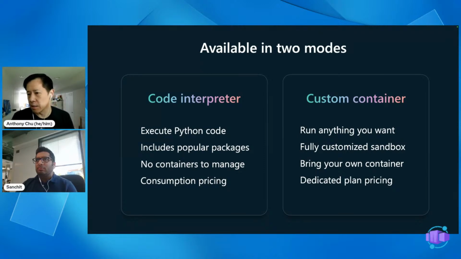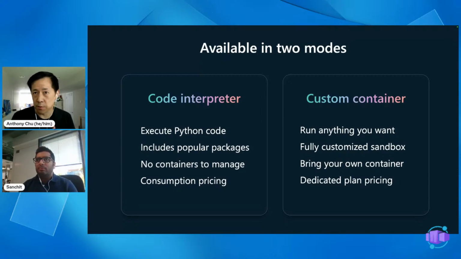It already has tons of packages pre-installed, whether you're looking for things like pandas or Playwright, really anything you can think of is probably already pre-installed. And if it's not, you can pip install it on the fly. You don't have to manage containers because we just provide you this code interpreter. And then you get consumption pricing.